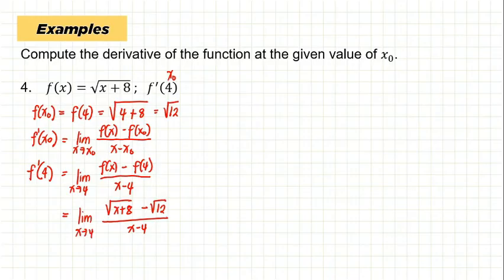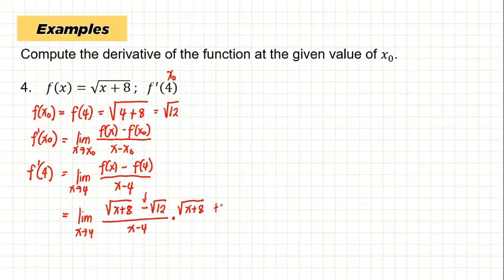So as you can see here, if we do direct substitution, we have square root of 4 plus 8, that is square root of 12, minus square root of 12, this will become 0. Over 4 minus 4, 0, indeterminate again. So we will rationalize in this case. So the expression that we are going to multiply will be square root of x plus 8, you just change the operation here.